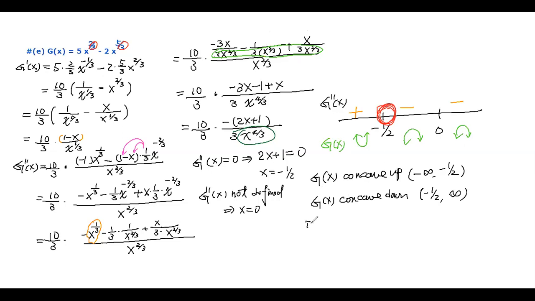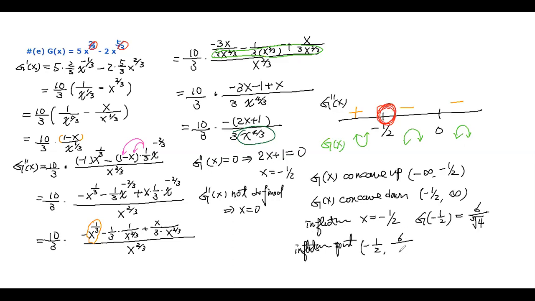Then you put g of negative 1/2 into the g function to see what you have. So I got 6 times the cube root of 4 here. So my inflection point will be negative 1/2 and 6 cube roots of 3.